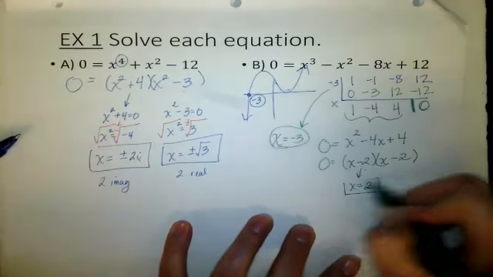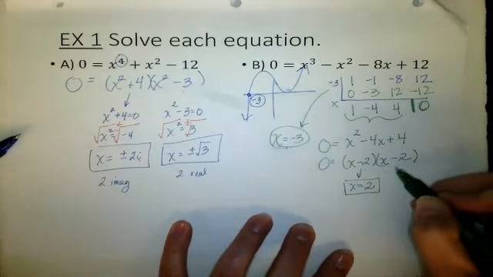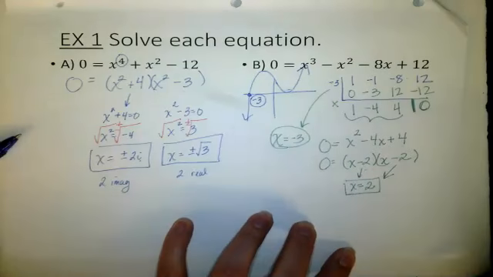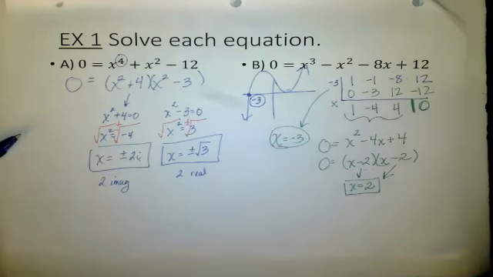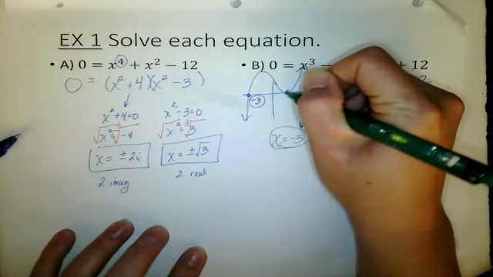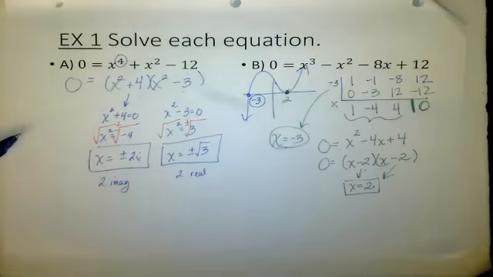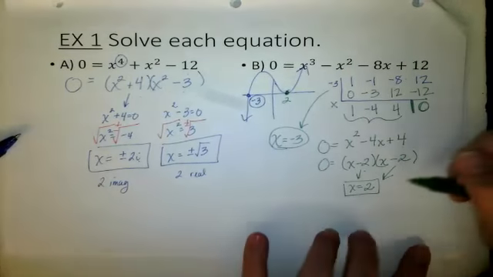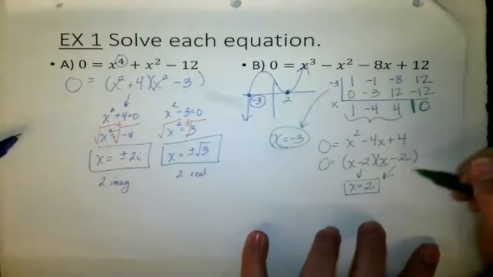And what's happening here? It's happening again. Okay, ladies and gentlemen, that's really, really interesting. So it did hit here. It touched at 2. This, ladies and gentlemen, is called multiplicity.